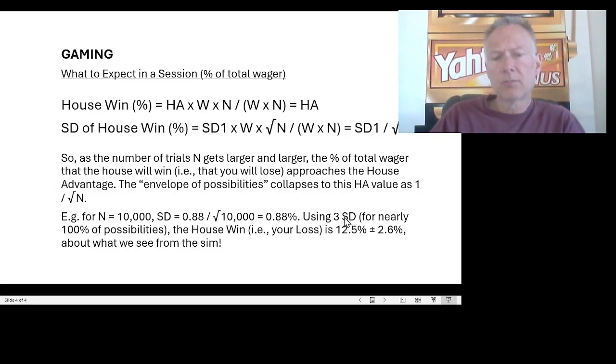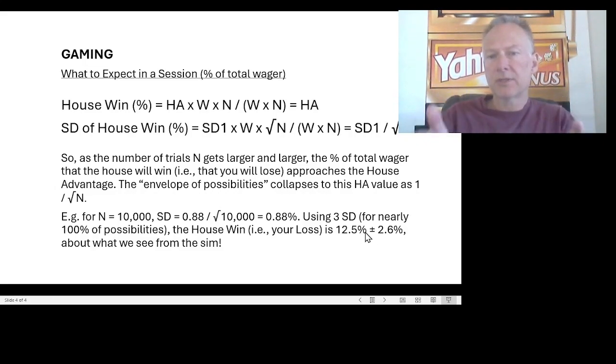So going out plus or minus 3 standard deviations, we take 0.88% times plus or minus 3, we get plus or minus 2.6%. So for a session of 10,000 plays, the house would expect to win 12.5%.